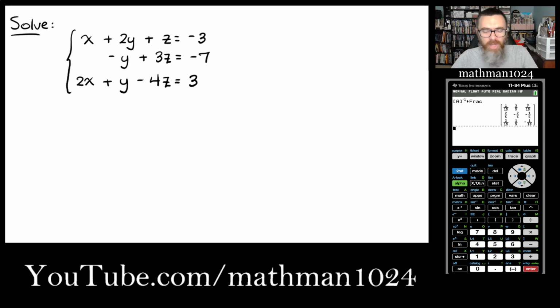Now we've kind of done that before where we would do an augmented matrix, do reduced row echelon form, and we can see the solutions. But there's something else that we can do here.